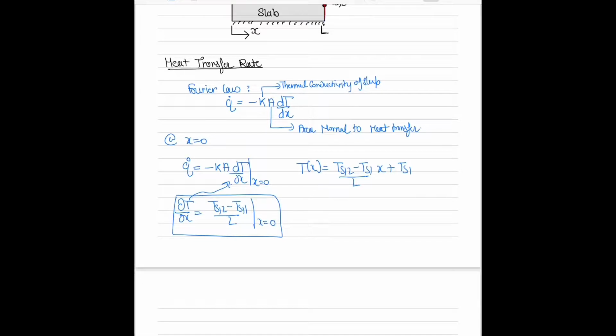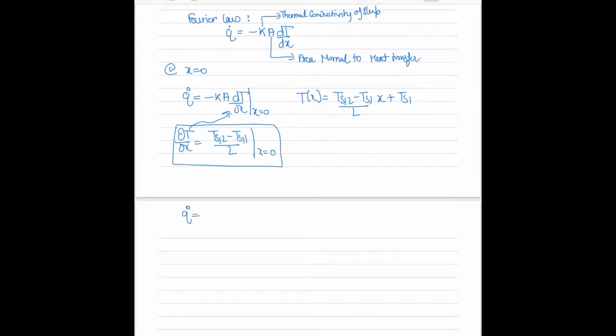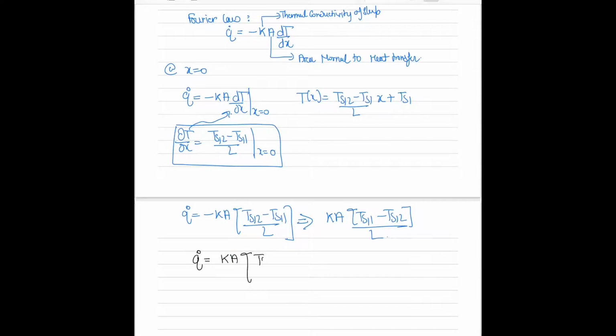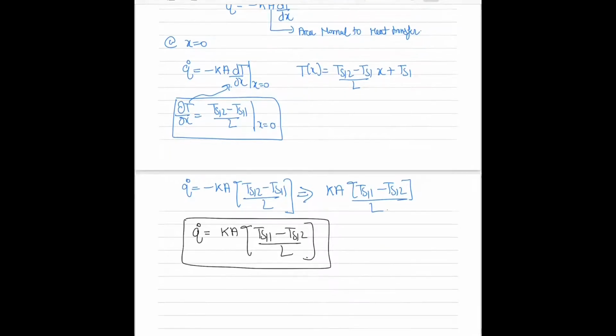So substituting this in the heat equation, we will get Q dot equal to minus KA Ts2 minus Ts1 divided by L, or we can write it as KA Ts1 minus Ts2 divided by L. So finally we determine the heat flowing through our slab as KA Ts1 minus Ts2 divided by L. So this is the total heat transfer from our slab.